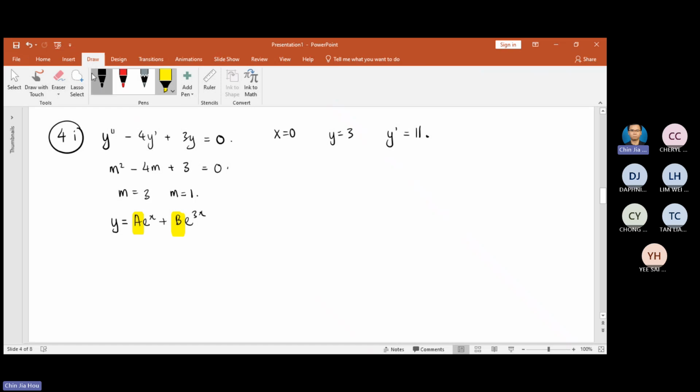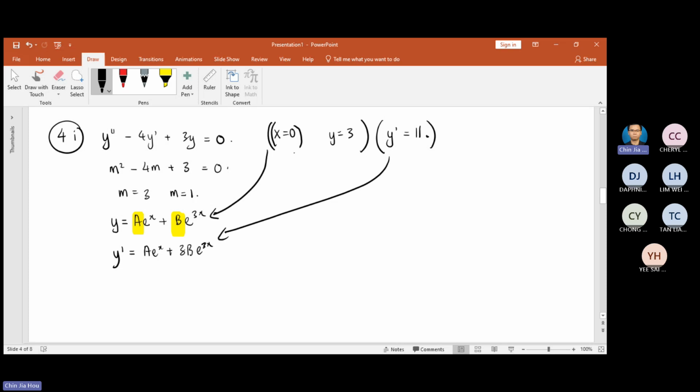You simply substitute these values into here first, and then you differentiate y, you get a e^x plus 3b e^3x. Then you take this x and the y prime, substitute them into the y prime. Then you have two equations.